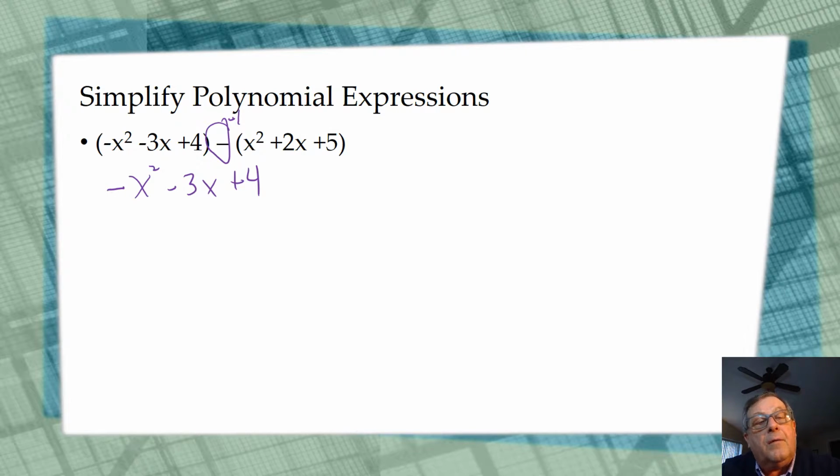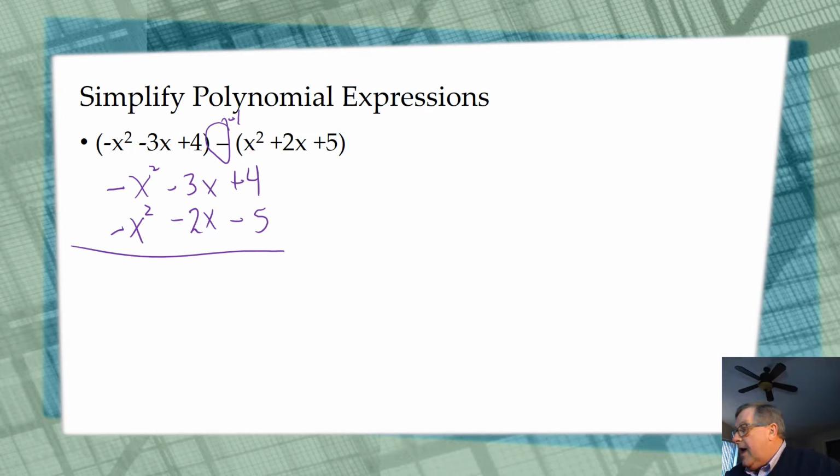So then I'm going to have negative x squared minus 3x, minus 2x. Where did I get the 3 from? Minus 2x minus 5. And now we're just going to simply add those two together.